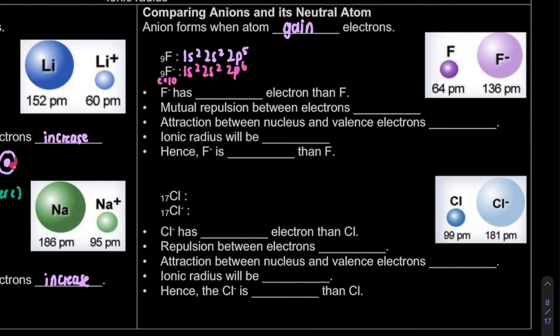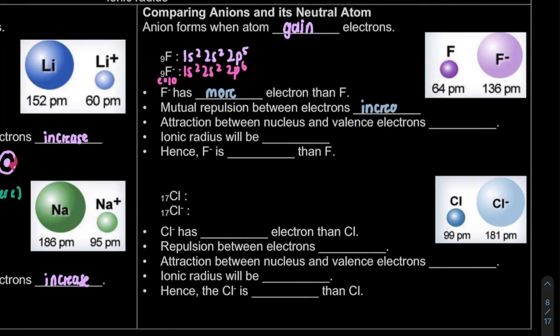Okay, so for the case of an ion, we will not compare the ZEF, we will compare in terms of electron itself. Based on this, we can see that F minus has more electron than F. What happens when there are more electrons? There is more repulsion.